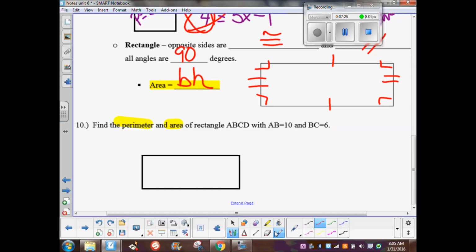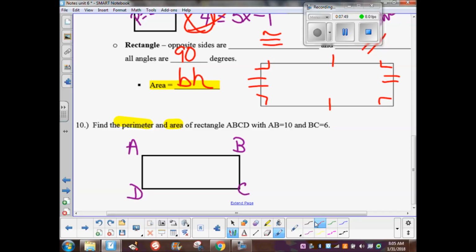So now you decide how you want to label it, but you're either going to go counterclockwise around the figure or clockwise. It doesn't matter. But you can't jump around. So if I start here, I could go to the right for B, then down for C, and then back over to the left for D. This is what you can't do.